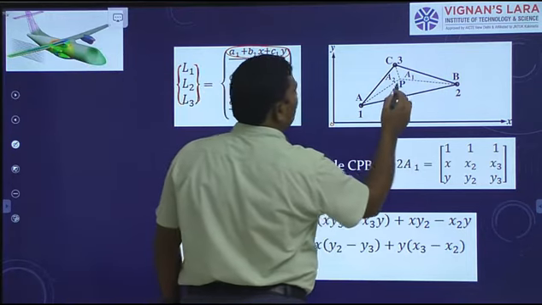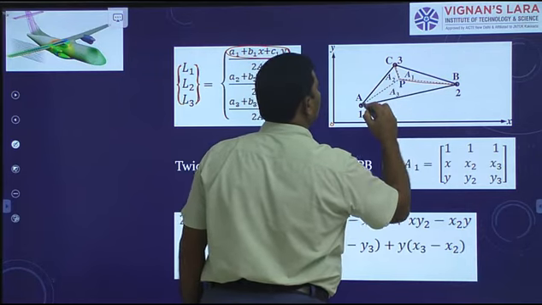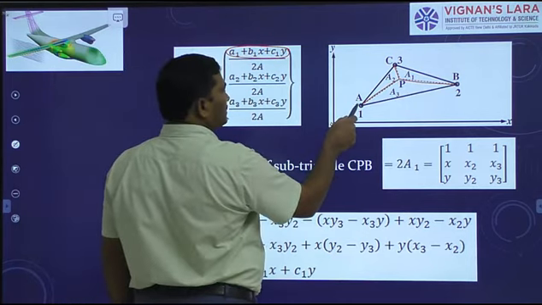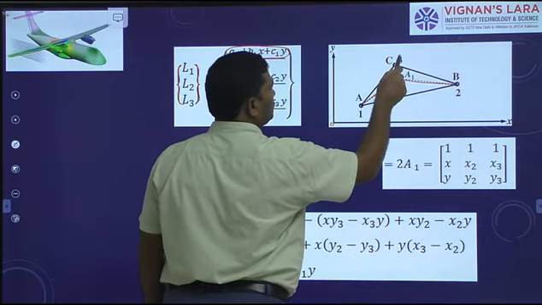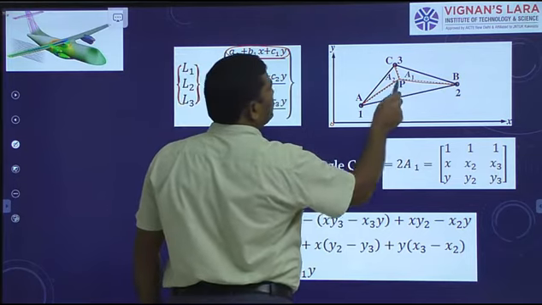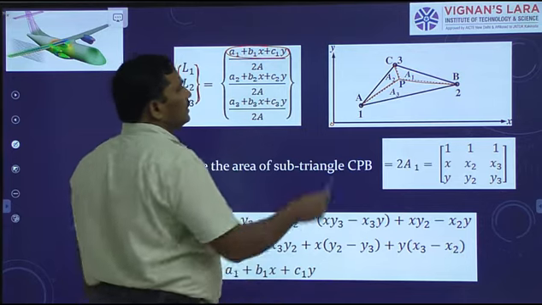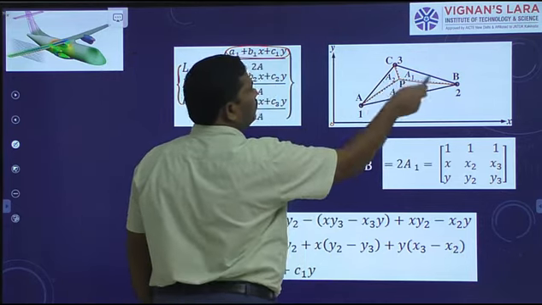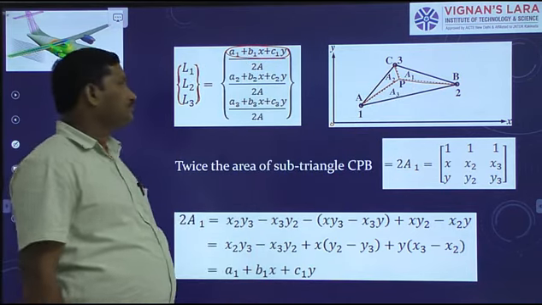This point of interest is joined with the vertices A, B and C. This vertex denotes node 1, this denotes node 2 and this denotes node 3. Now, after joining P with each node, the whole area is divided into 3 sub-areas.